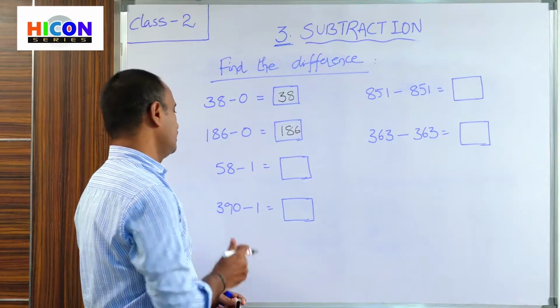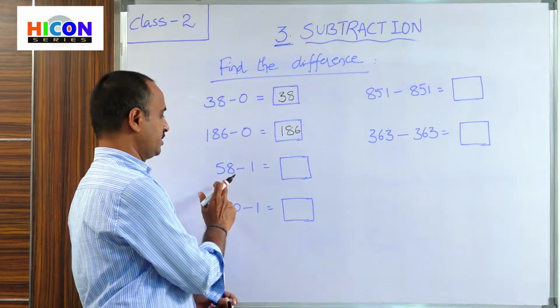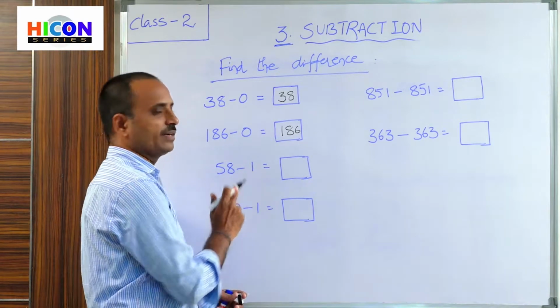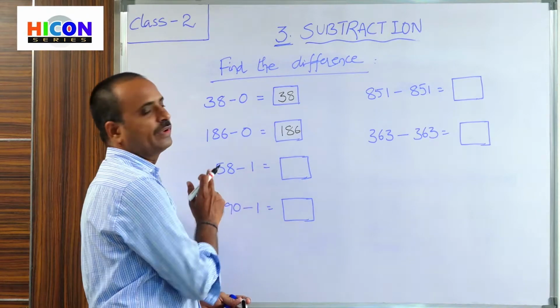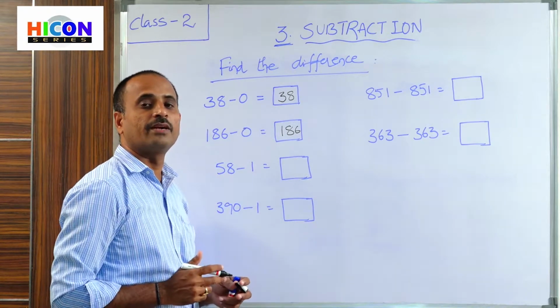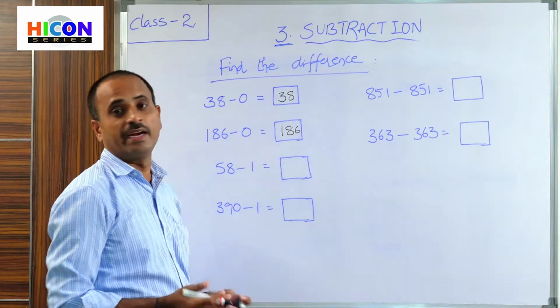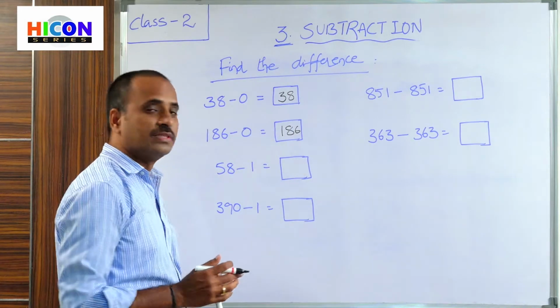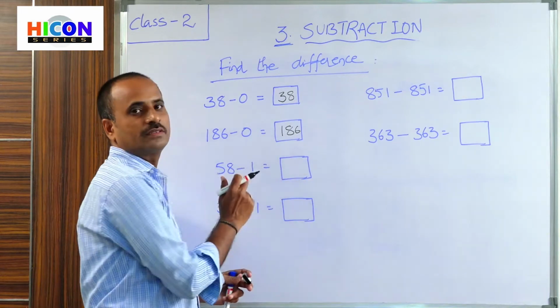Next, children, see the third subtraction, 58 minus 1. We have to subtract 1 from 58. How can we subtract 1 from 58? By using a subtraction fact, we can easily write the answer.